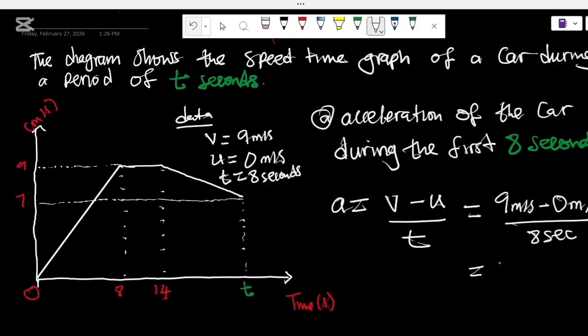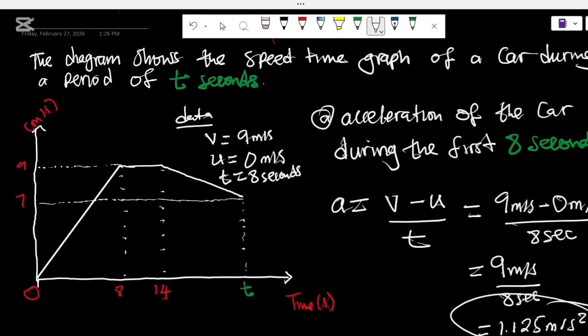So this is going to be 9 meters per second over 8 seconds, which is 1.125 meters per second squared. And so this is our final answer for this particular problem.